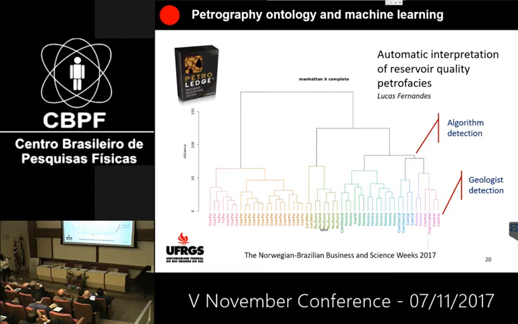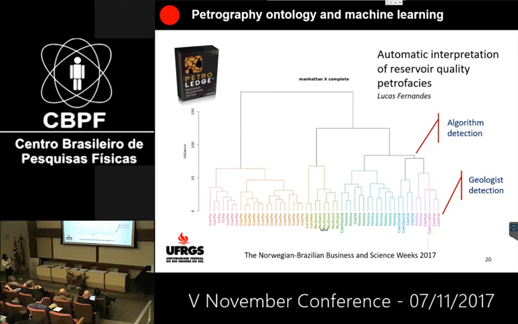I have automatic interpretation, also using machine learning, of petrofacies. Petrofacies is a grouping of properties of the rock that are connected to the quality of the reservoir, permeability and porosity. What I can show you is that this separation in colors was done by the geologist, and this is the algorithmic detection.